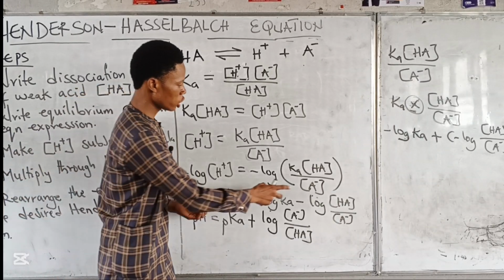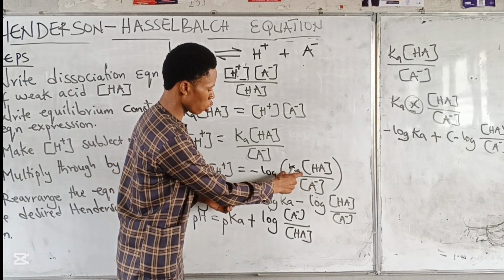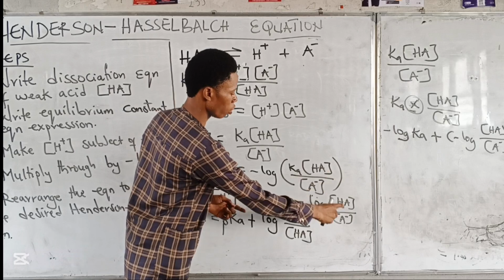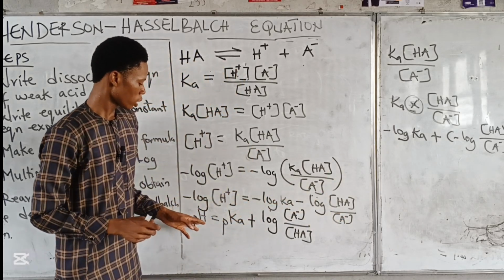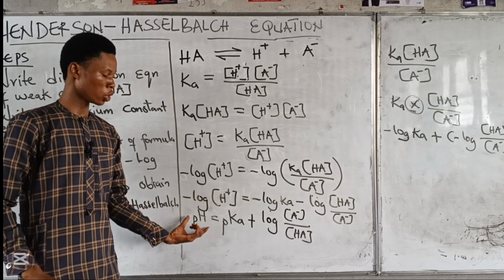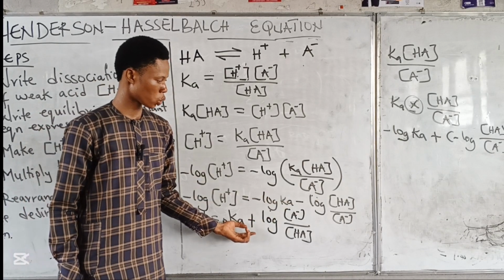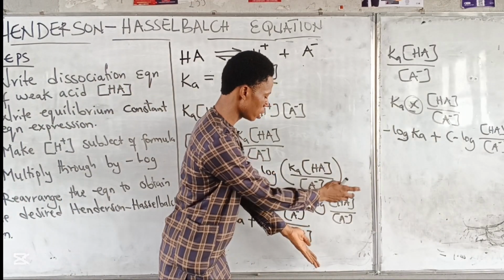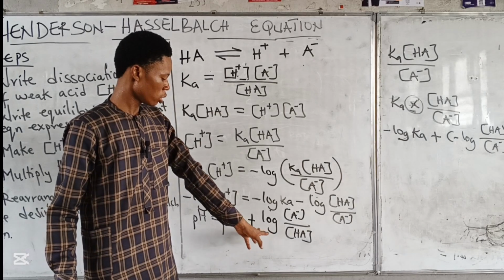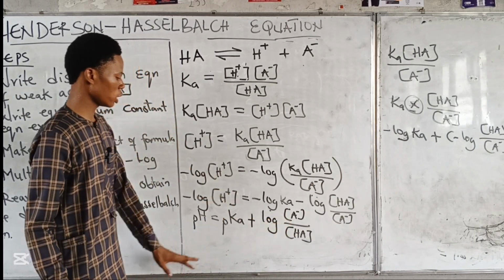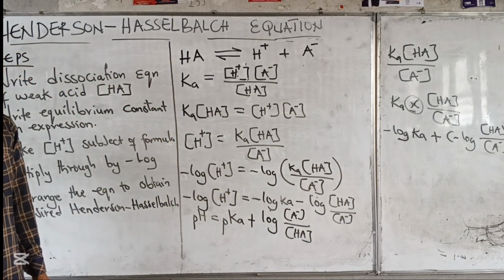Then this is the same as minus log Ka minus log of HA over A minus. Minus log hydrogen ion is equal to pH. Minus log Ka is equal to pKa, plus, because if you turn this upside down, the law of logarithm says add. So this is the Henderson Hasselbalch equation.